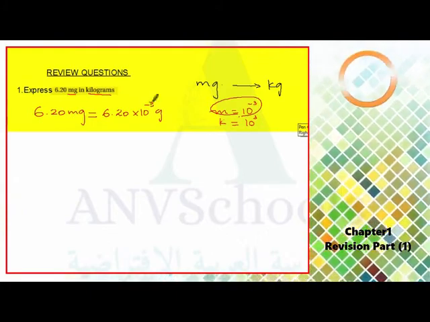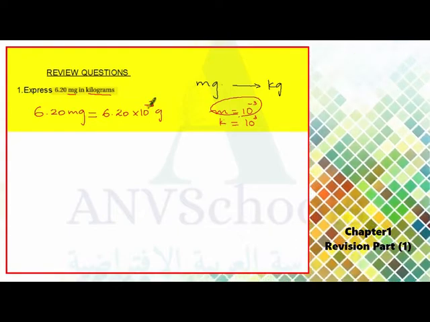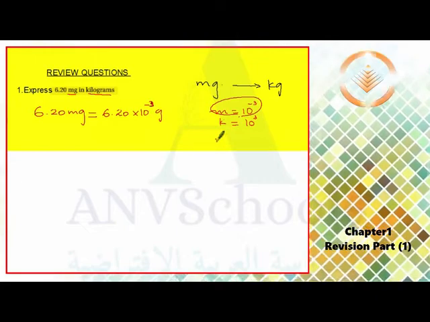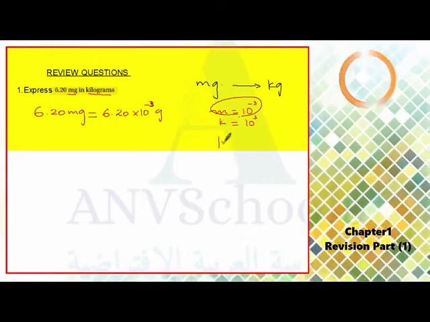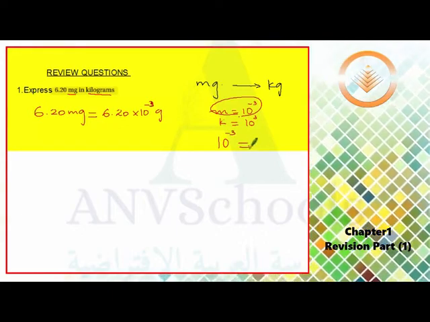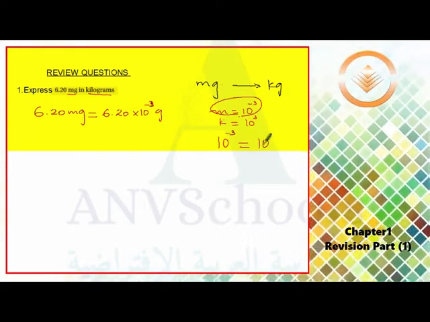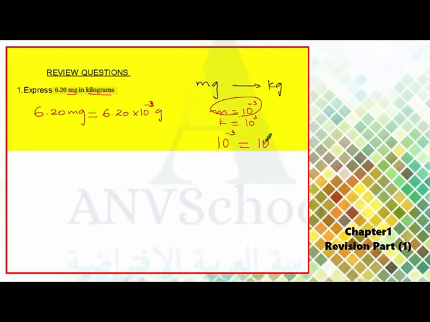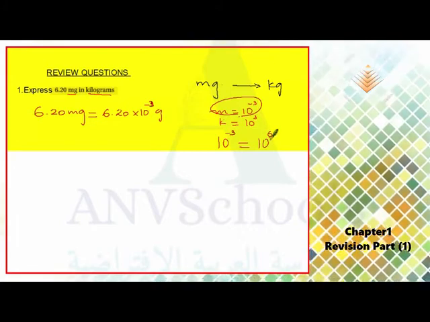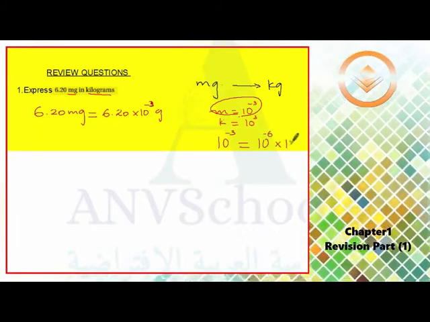Now the next step is I have to write 10 to the power of -3 as a product of two powers of 10. Because I know kilo is 10 to the power of 3, I can write this as 10 to the power of -6 multiplied by 10 to the power of 3.